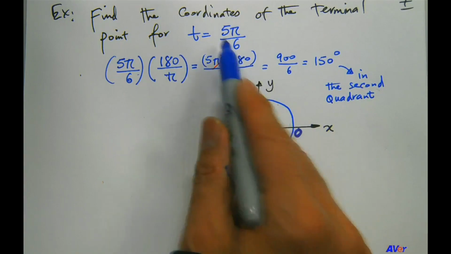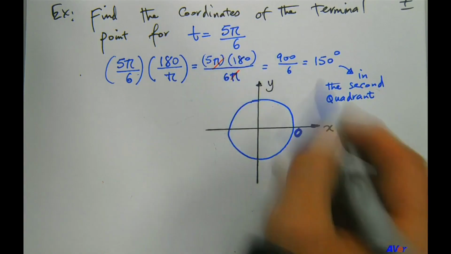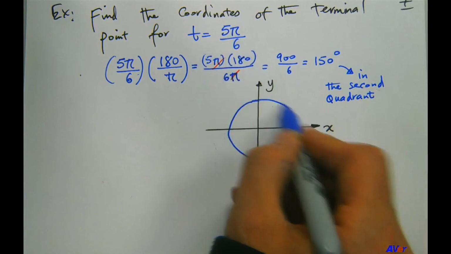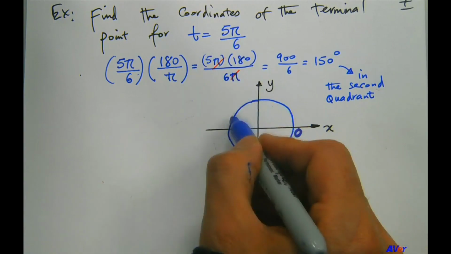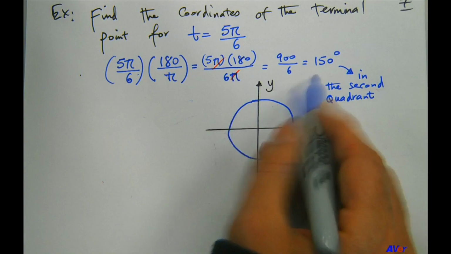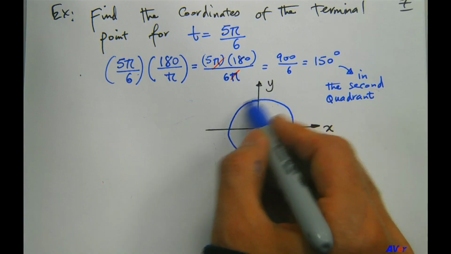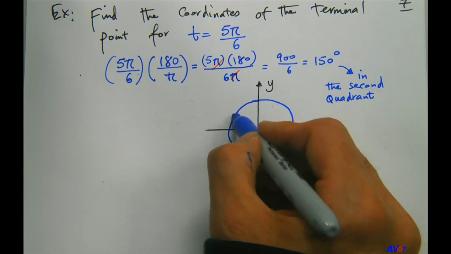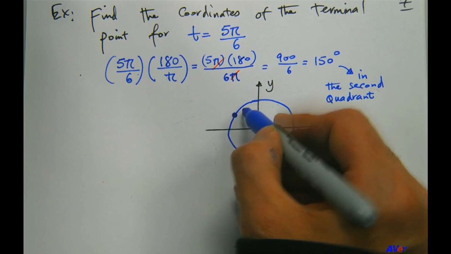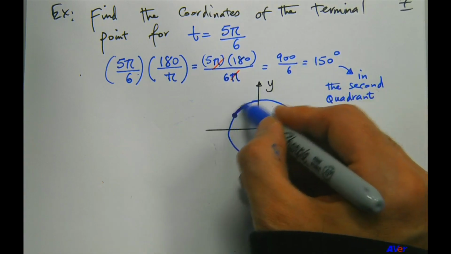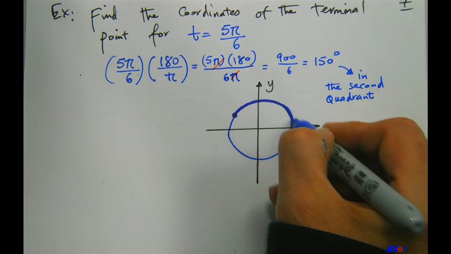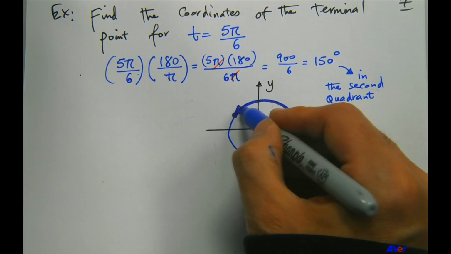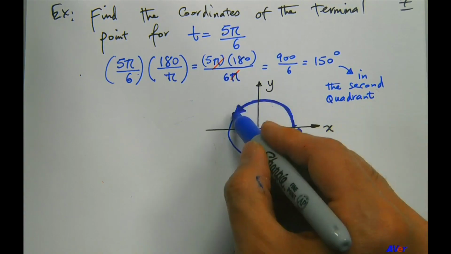If it was negative, I would go in the clockwise direction, but it's positive. So we're going 150 degrees in the counterclockwise direction, and 150 would be 90 plus 60 degrees, right? So this would be here. So this is the angle we're talking about. All the way from here to here.